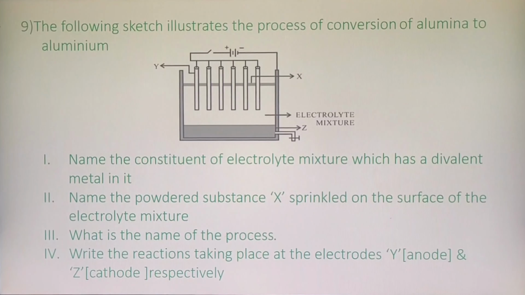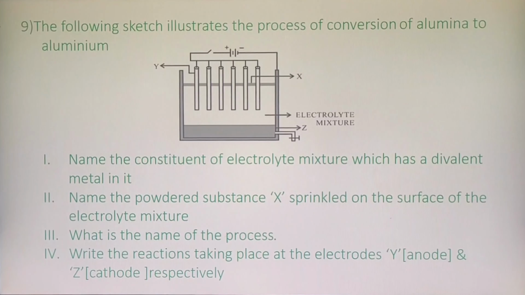So we need not even look at the non-metals. The first metal is aluminium, but it is trivalent. What is the meaning of the word trivalent? Its valency is +3. Oxygen is a non-metal, so we need not bother about that. Then we have sodium. What is the valency of sodium, children? It is 1+, so it does not suit the criteria given.